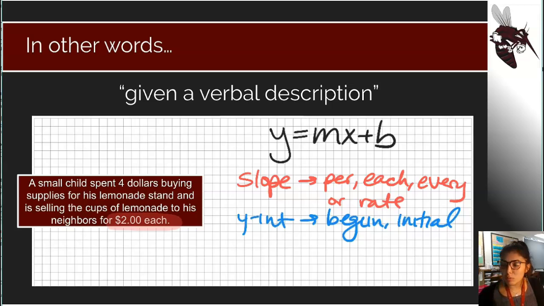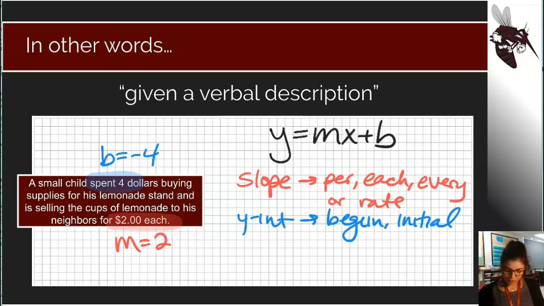I don't see the words begin or initial, but if you think about this in a real world context, this small child had to spend money before making money. So they started by spending $4. Spending money is negative, gaining money is positive. So really, we now know that my b is -4 because I spent $4 when I started, and that my slope is $2 each lemonade.